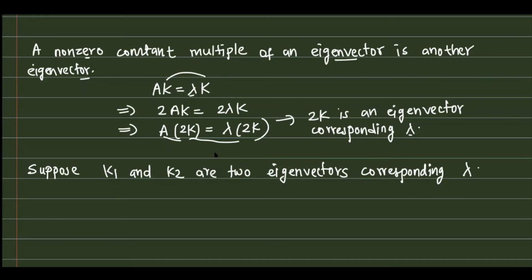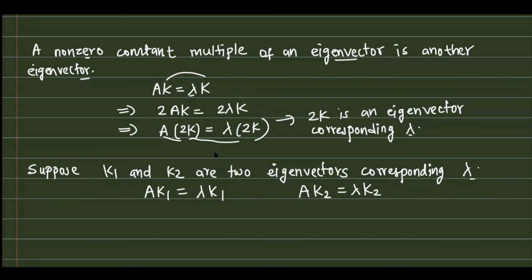Then we can say that their sum k1 plus k2 is also an eigenvector corresponding to the same eigenvalue lambda. Now since k1 is an eigenvector corresponding to lambda, we get Ak1 is equal to lambda k1. Since k2 is an eigenvector corresponding to lambda, we get Ak2 equal to lambda k2.